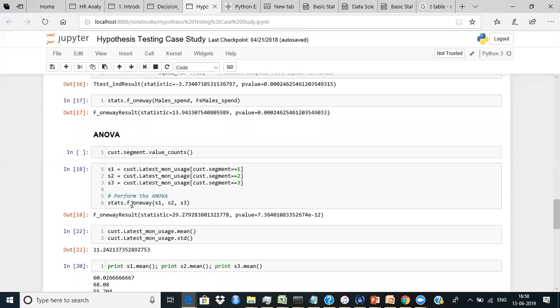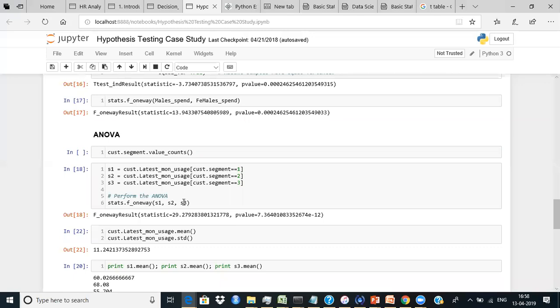One way stands for one way ANOVA, but for now it doesn't matter. Within that you pass on S1, S2, S3, or if you have more than 3, pass them on separated by commas. If you had 4 populations, comma S4.